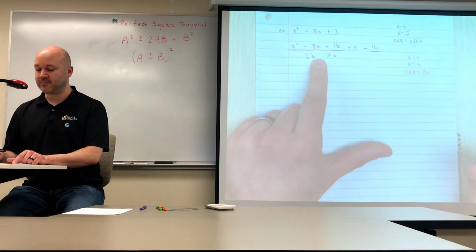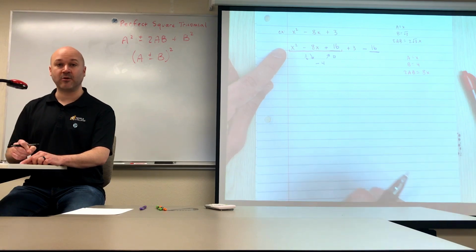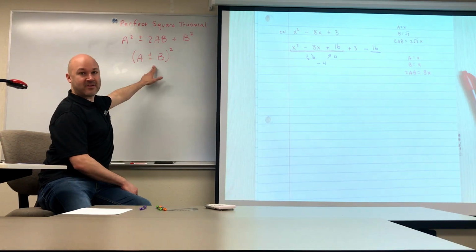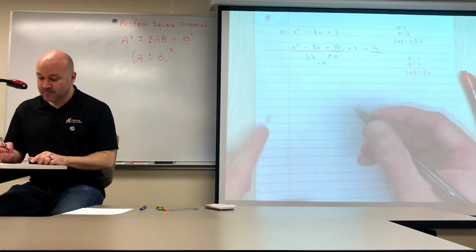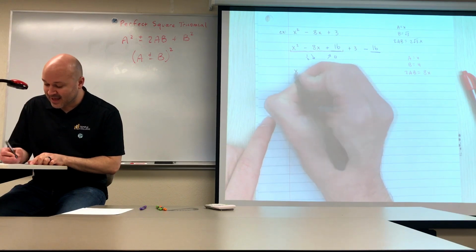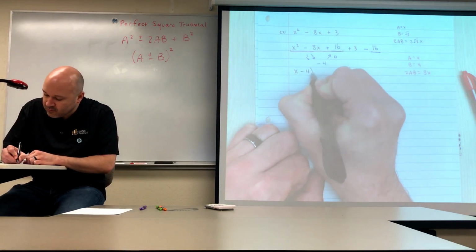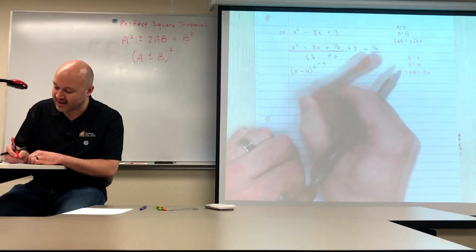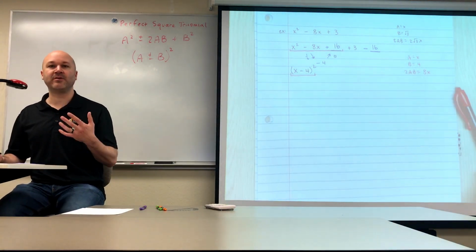That's that value I need. So what I have underlined in red is a perfect square trinomial, and we know that perfect square trinomials factor very nicely. So I'm just going to go straight to the factored form, which is going to be x minus 4 squared.